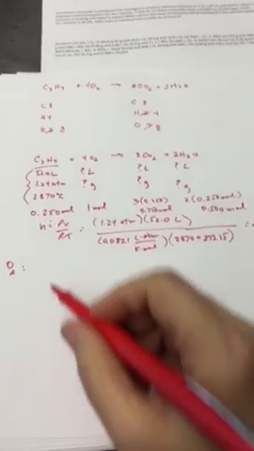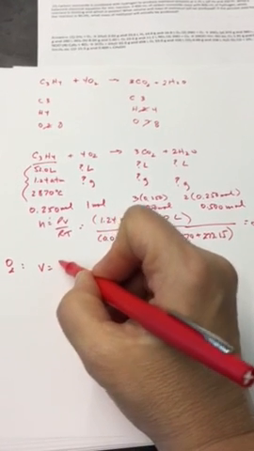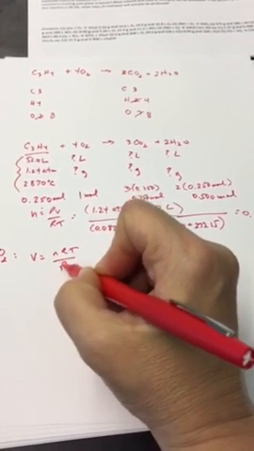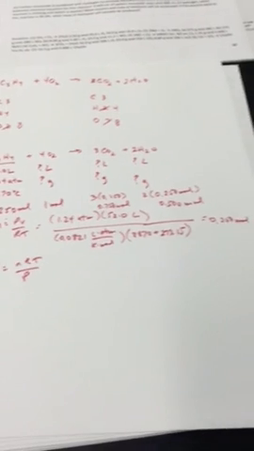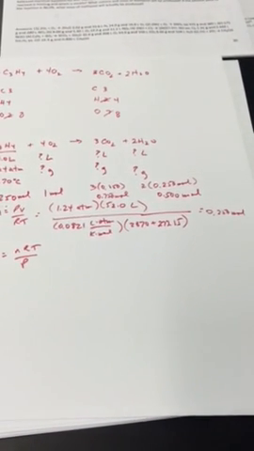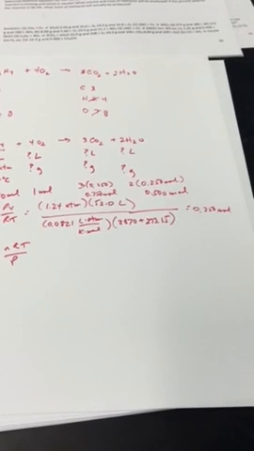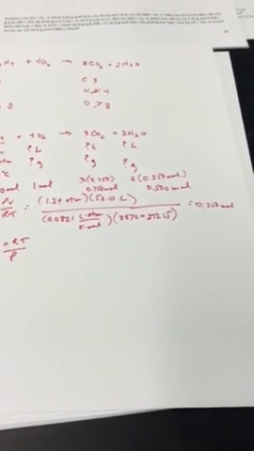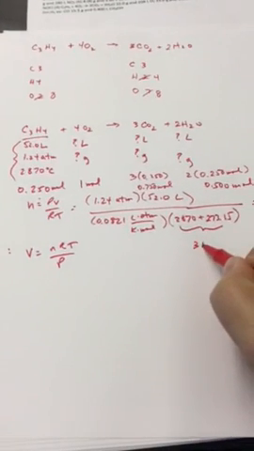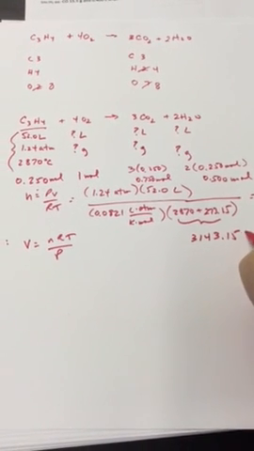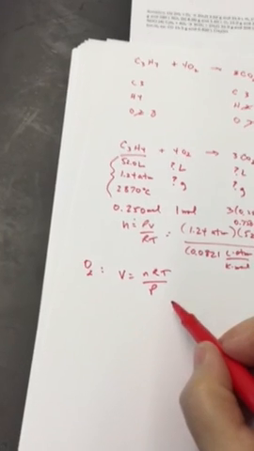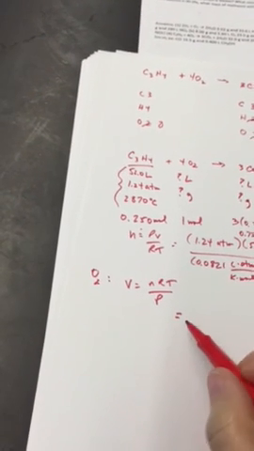To figure out the number of liters of oxygen, I'm going to have to use V equals nRT over P. Let me figure out what the temperature is, first of all. It's 2870 plus 273.15, and that's 3143.15. Okay, so the volume is the number of moles of oxygen, in this case, because we're finding the volume of oxygen.